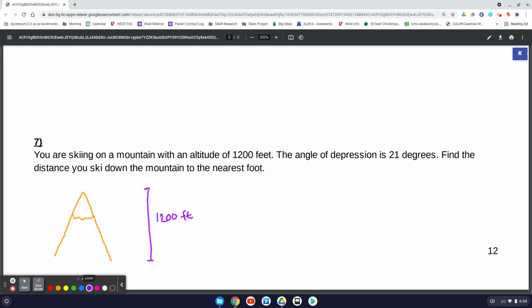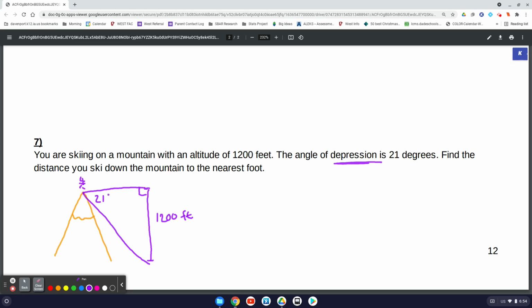So we are at the top of the mountain, skiing down. So angle of depression, this is a horizontal line going down. So we need to draw in our horizontal line, and it's going down. Angle of depression is 21 degrees. Find the distance you ski down the mountain.